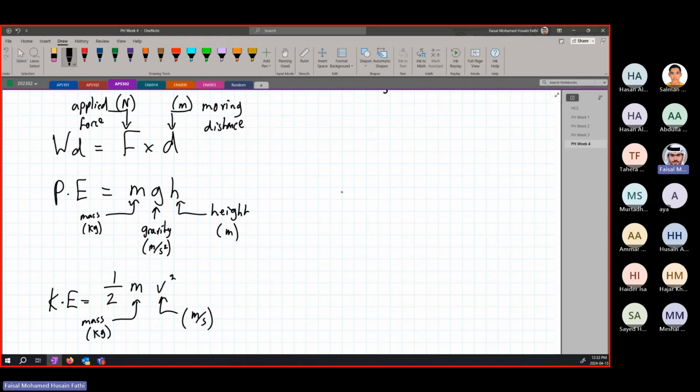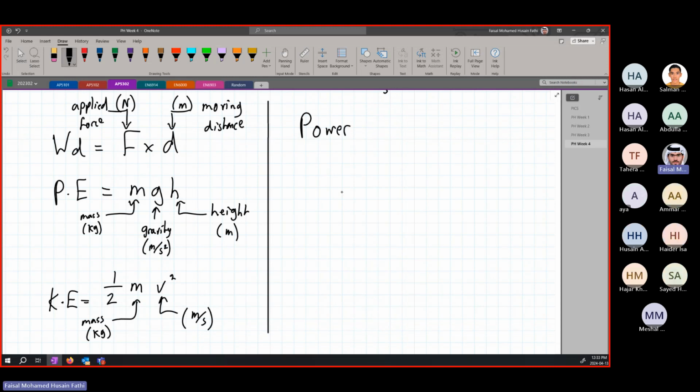Now let's talk about power. So power is how much energy you are applying over a specific amount of time, or how much work done you are doing over a specific amount of time. So it's going to be WD over time, all right? This is time in seconds.